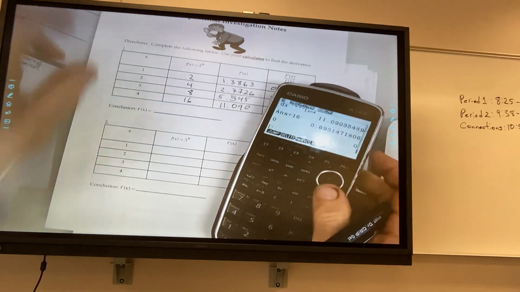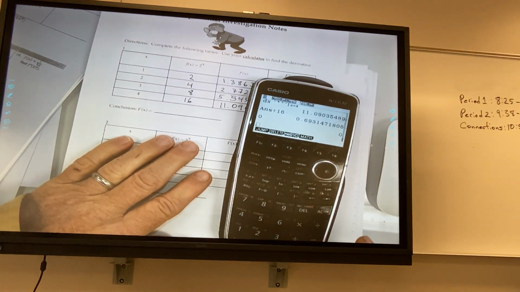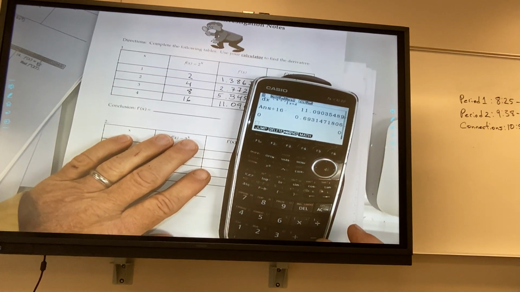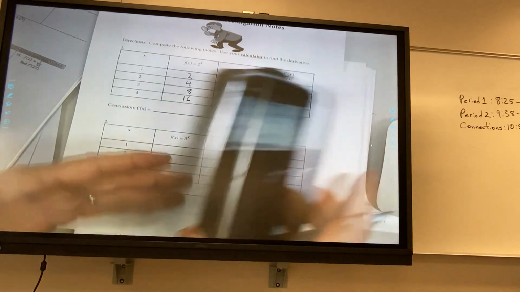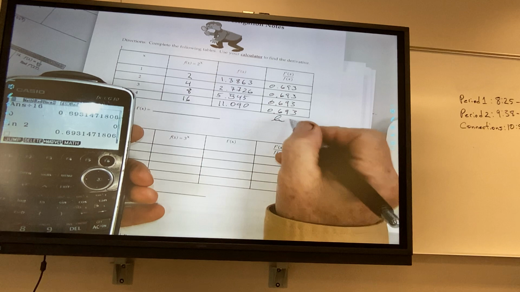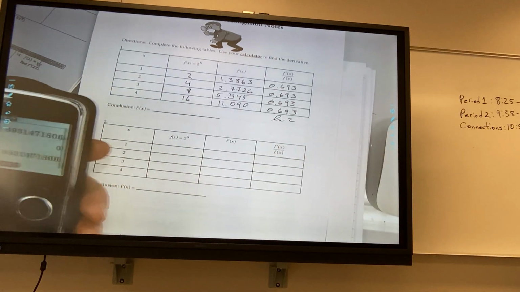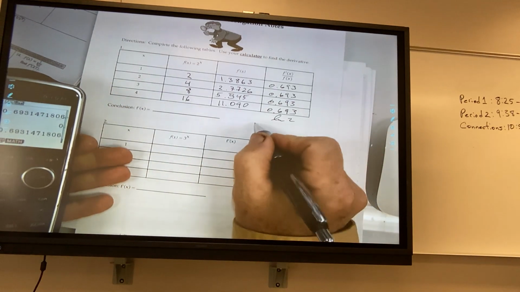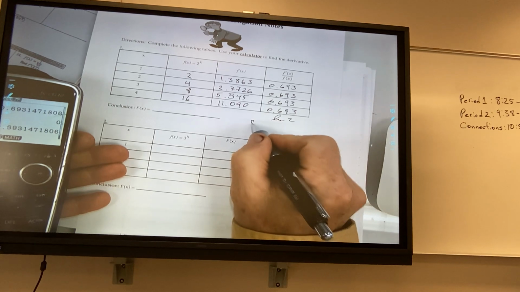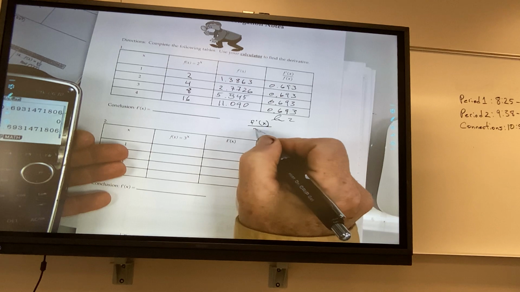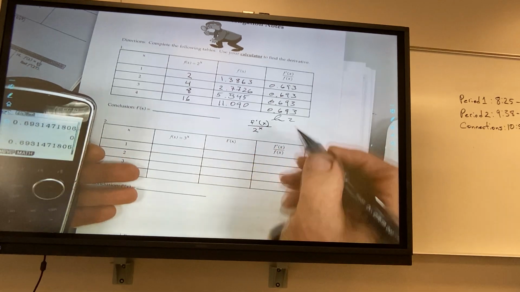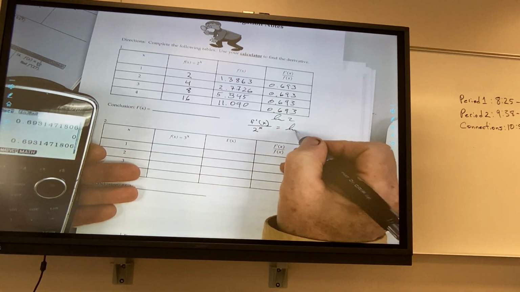Now, you guys know what 0.693 is? I'm gonna go to the natural log, and I'm gonna type 2 in there. And I get the same number. So this is the natural log of 2, all those. So now I know that the derivative of 2 to the x, because that's my function, divided by 2 to the x is equal to the natural log of 2.